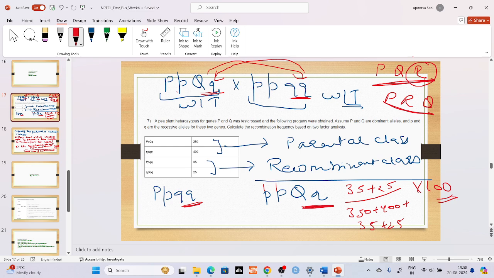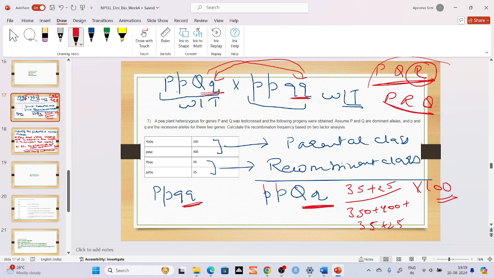Just the difference is that here there are two genes, while in a 3-point test cross there would be three genes. Amongst the three genes you have to see which gene is getting double crossover. There comes the concept of double crossover and single crossover, that is, which two classes are showing double crossover. So the comparison mechanism is similar.